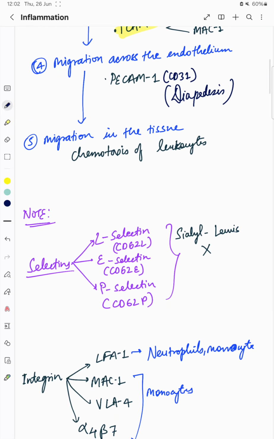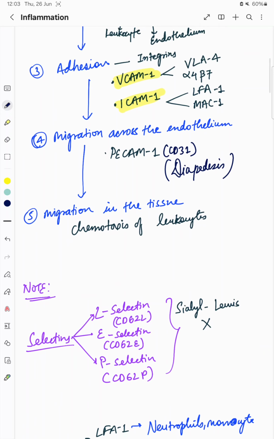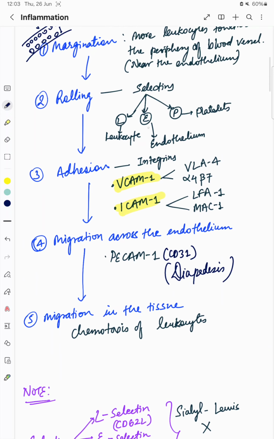Now before going further, we need to discuss the selectins and integrins. Selectins, as we have seen, help in the rolling process of inflammation.